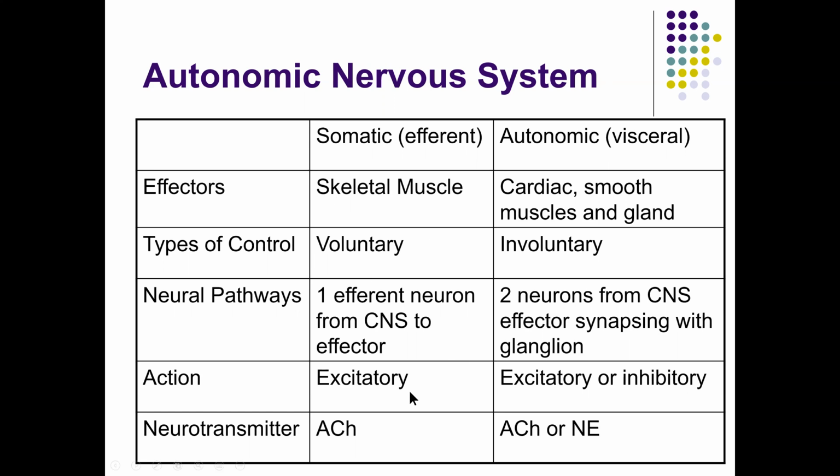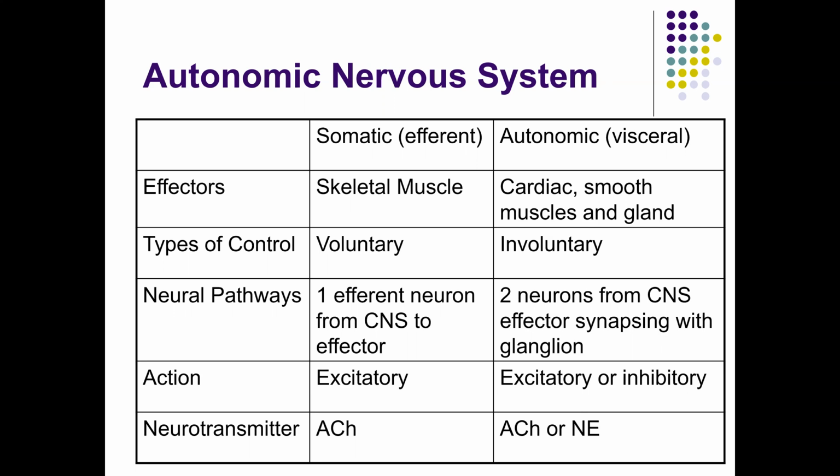Actions with regard to the voluntary muscles are excitatory. Actions with regard to the autonomic nervous system are either excitatory or inhibitory. An example would be the GI system. If we're in a fight or flight reflex, which is the sympathetic nervous system, then we have inhibition of the GI system.